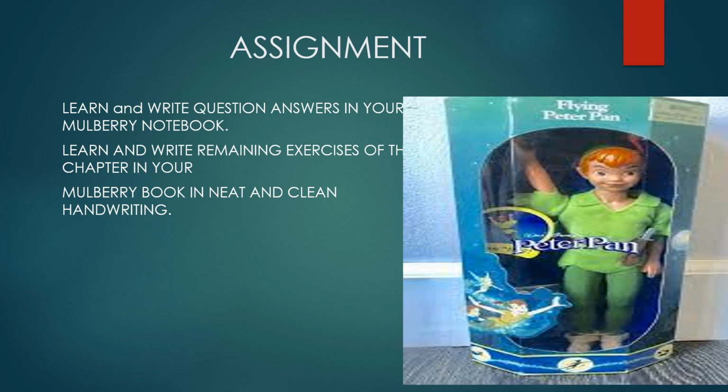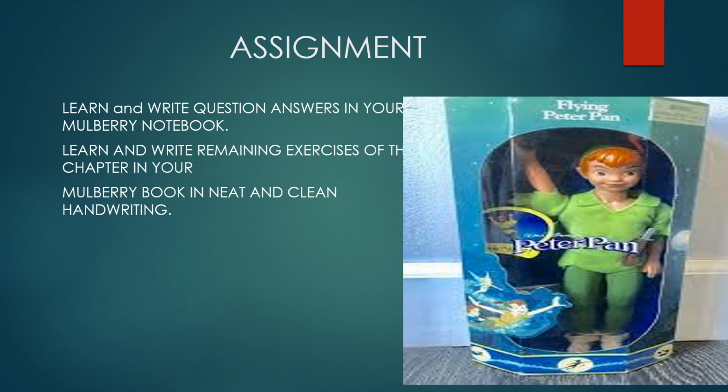So children, it is time for your assignment. Your assignment is to learn and write question answers in your Mulberry notebook in very neat and clean handwriting. Your work should be very neat and clean.